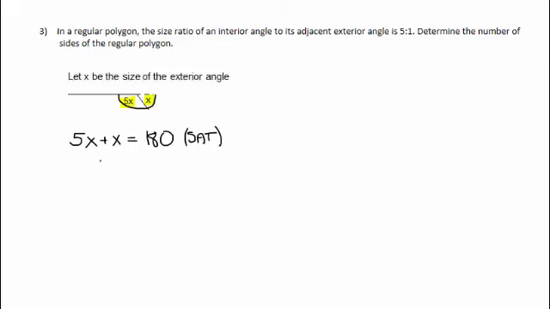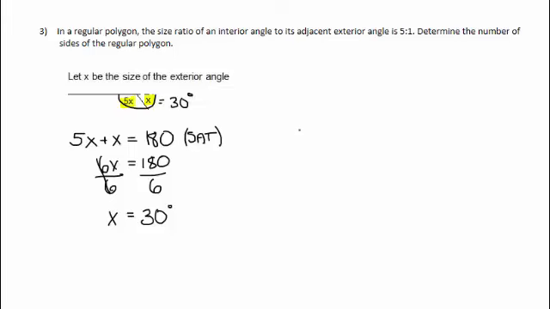Now we simplify this: 6x equals 180. Now we can divide both sides by 6, which cancels out to x equals 30 degrees. So now we know that the exterior angle of this regular polygon is 30 degrees.